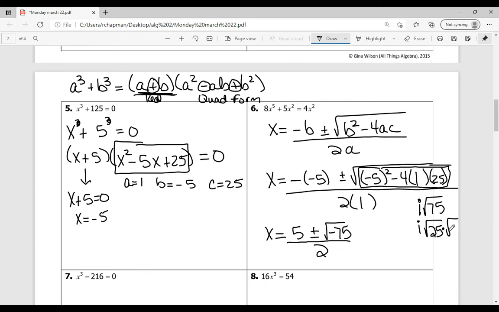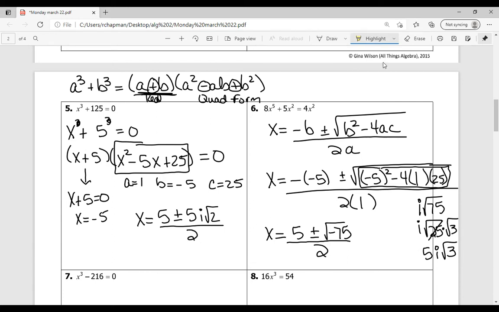Yep, 25 and 3. So that gives me 5i square root of 3, because 25 becomes 5. So I get x equals 5 plus minus 5i square root of 3, all of that over 2.